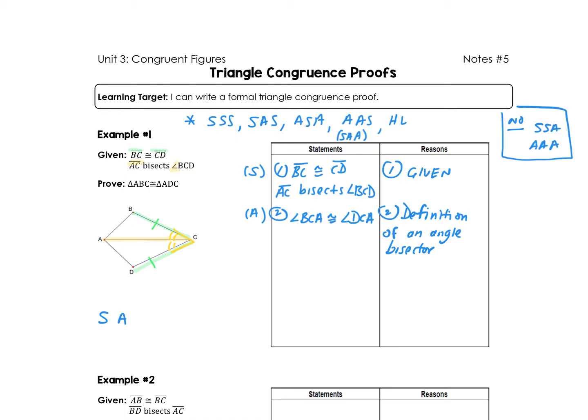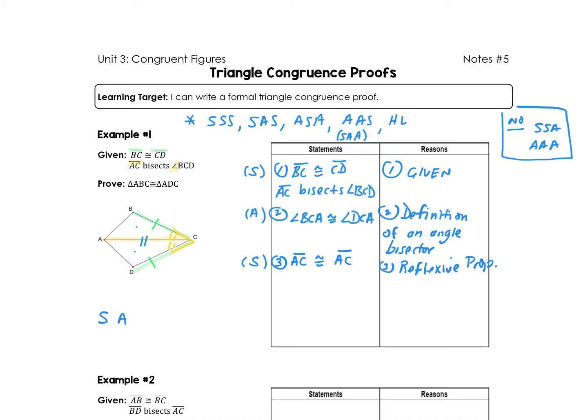And what I know is that these 2 triangles share side AC in common. So by the reflexive property, in line 3, we can say that segment AC is congruent to itself. And again, that was by the reflexive property. Alright, that's another pair of sides congruent.